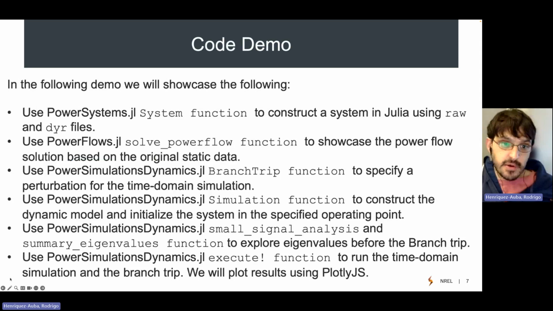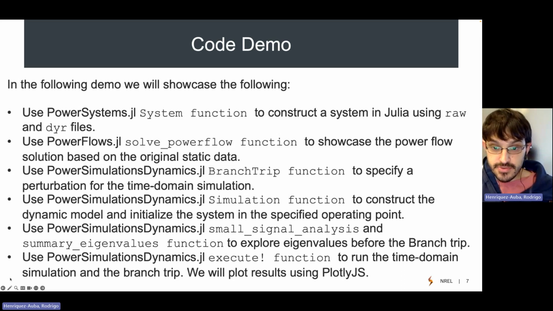So in the following demo, we will showcase the following. Basically, we will use PowerSystems.jl, the System functions, to construct a system in Julia using RAW and DYR files. We will run a power flow to showcase the power flow solution based on the original static data. We'll use PowerSimulationsDynamics to create a branch trip to specify a perturbation for the time domain simulation.